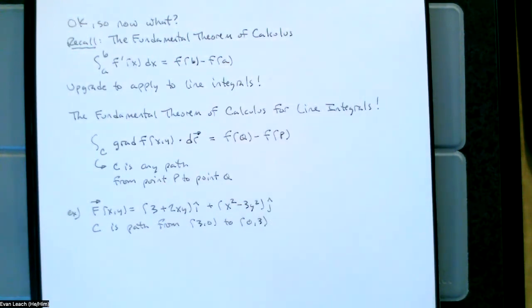So what we notice is that the vector field from yesterday is a gradient field, and we can just evaluate the potential function at the endpoints.